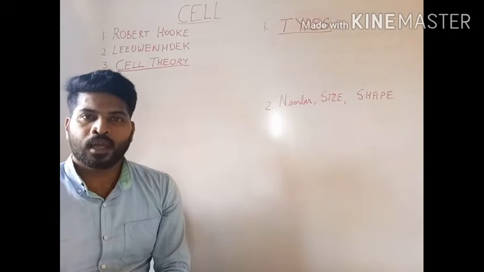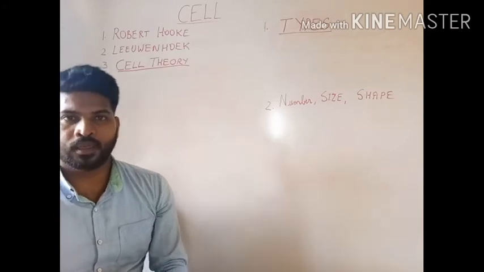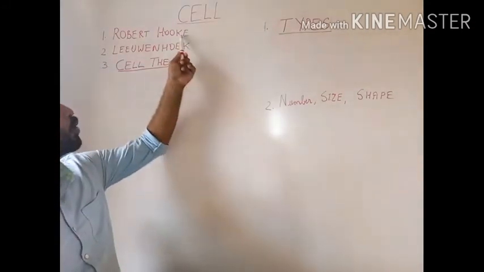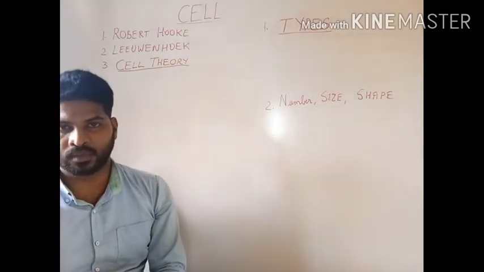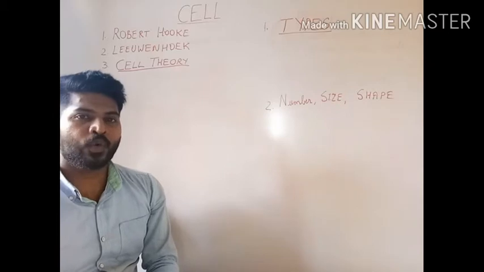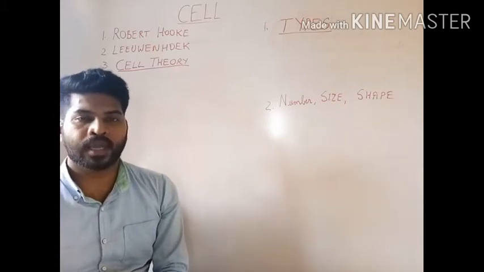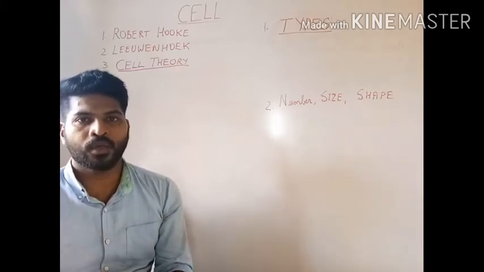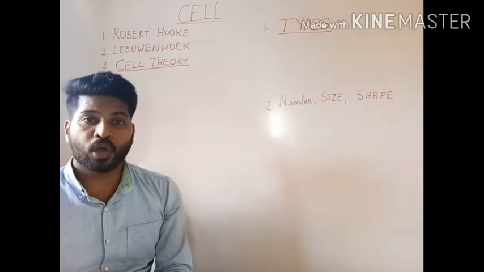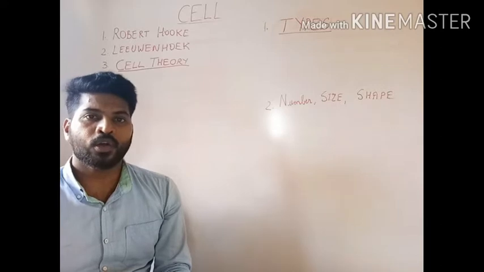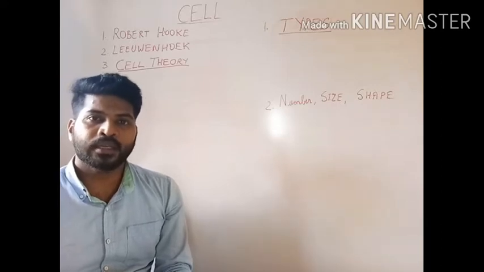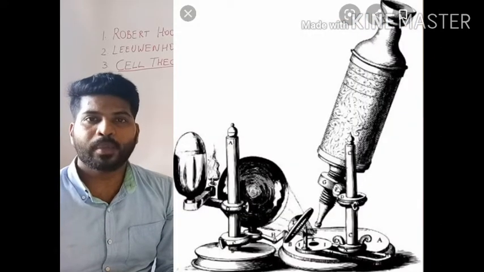Now, the discovery of the cell was done by Robert Hooke in the year 1665. During Robert Hooke's time, there were no electron microscopes or advanced microscopes like we have now. In fact, Robert Hooke made his own compound microscope.